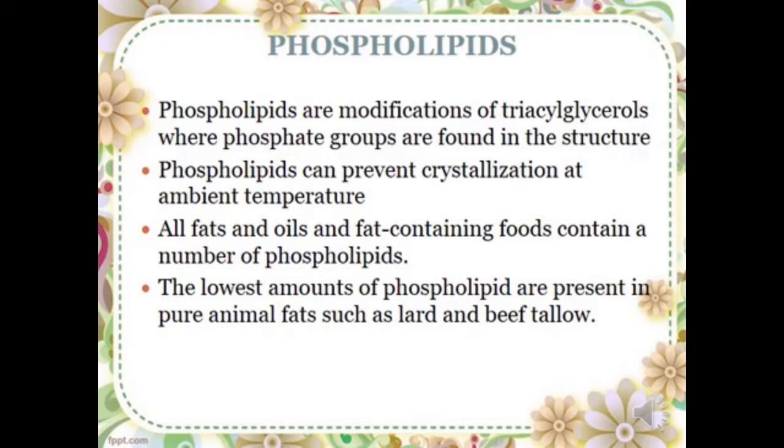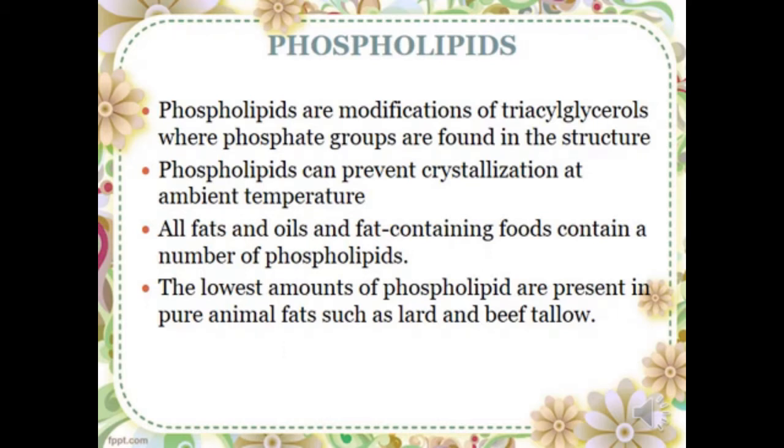First we will look at phospholipids. Phospholipids are a modification of triacylglycerols where the non-lipid component is a phosphate group, like in LU2 where we have phosphoprotein, which has a phosphate group in the protein component.